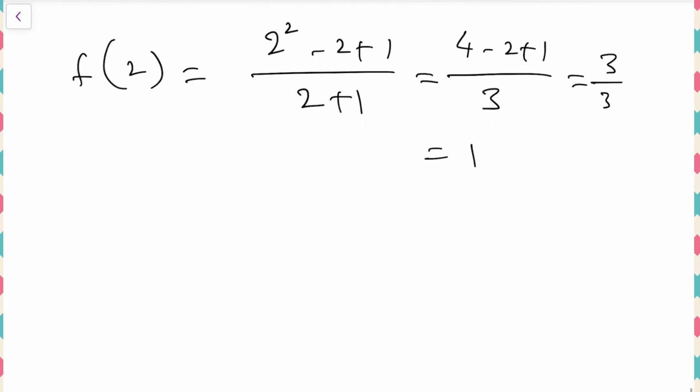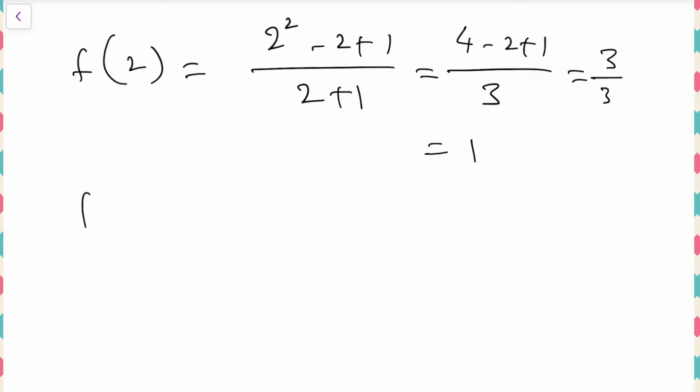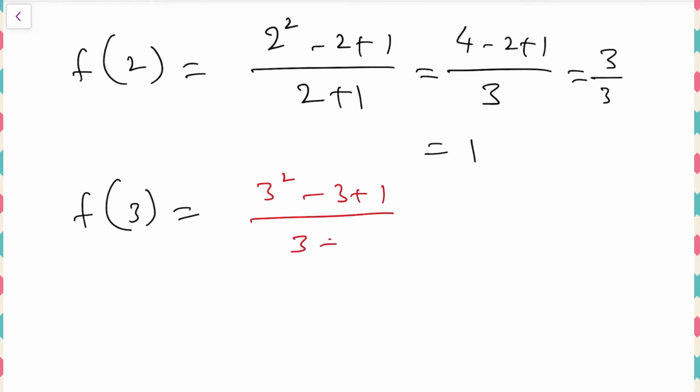Next I will substitute 3. F of 3 is equals to 3 square minus 3 plus 1 divided by 3 plus 1. 3 square 9 minus 3 plus 1 divided by 3 plus 1, 4. 9 minus 3 is 6, 6 plus 1 is 7. 7 by 4.